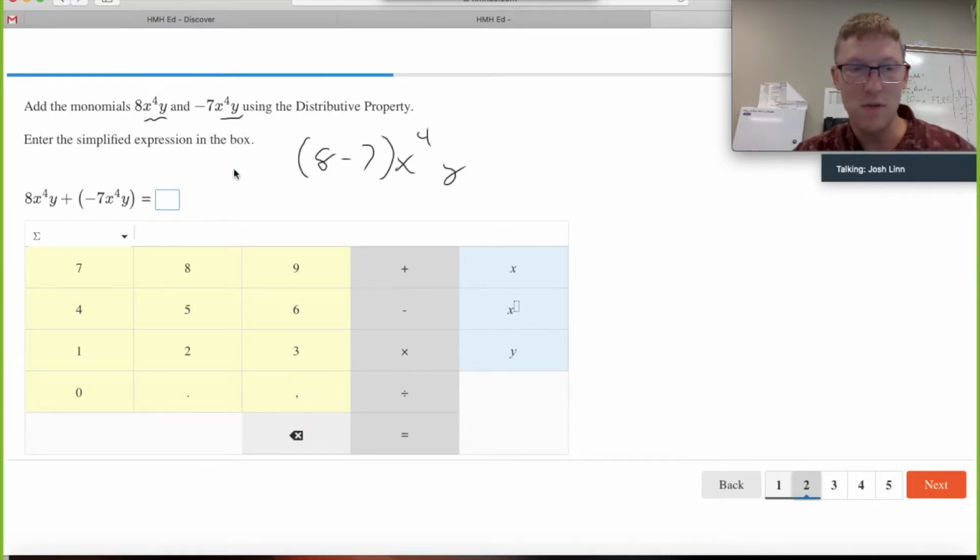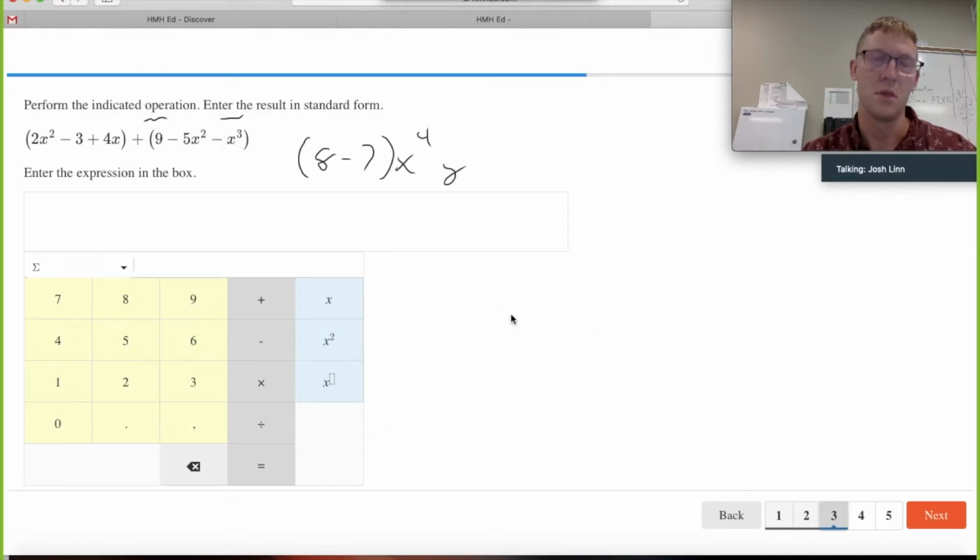So 8 minus 7 is 1. You could also just write this as x to the power 4y. That 1, if you didn't write it, it would still be right because it's implicit.